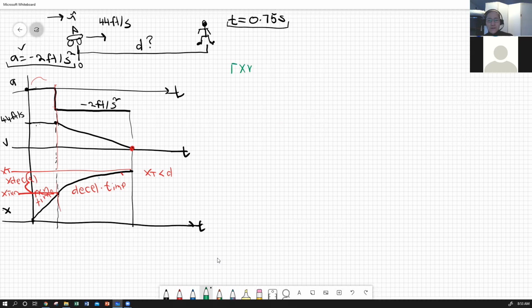So I'm going to do the reaction zone, where we are reacting to the sight of the person. A equals 0. We'll call it TR for T reaction. Velocity equals our initial velocity of 44 feet per second.